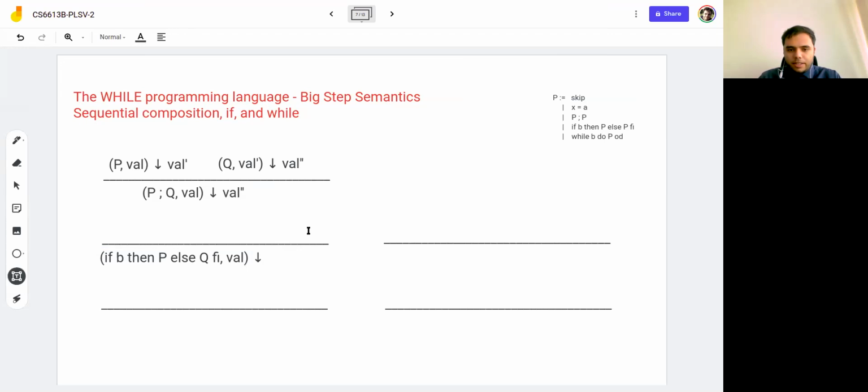So let's first say that B evaluates to true. And now you really know what this side condition means. So if B evaluates to true, where should I go from here?